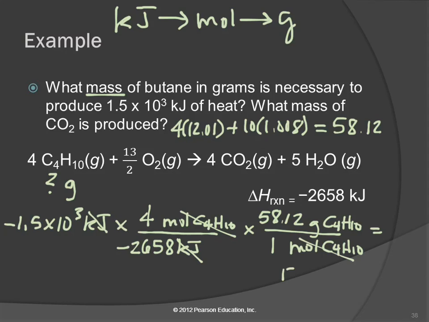So 131.196 and so on grams of butane. How many significant figures should it have? 2, because what we started with had 2. So I'm going to round this to 1.3 times 10 to the 2 grams of butane.